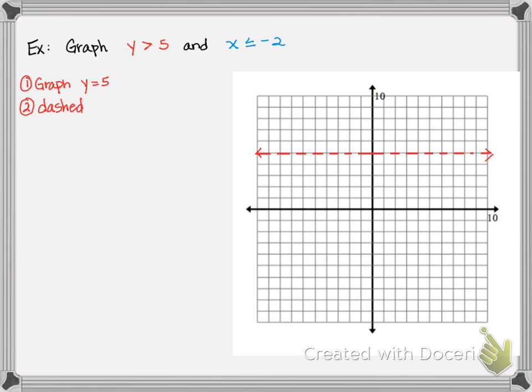So all the points above 5 are going to have y values that are greater than 5. So we don't have to use a test point here because we don't have a diagonal line where we have to figure out the combination between x and y. We're just looking at one value, the y value. And so our solutions are going to be in this region here.